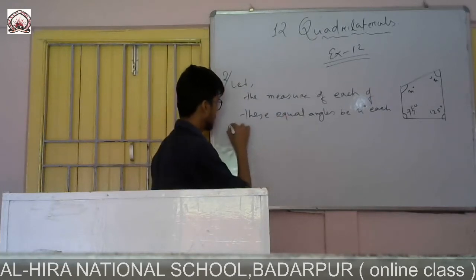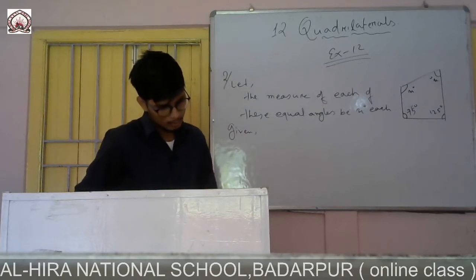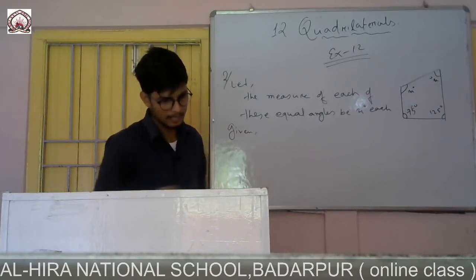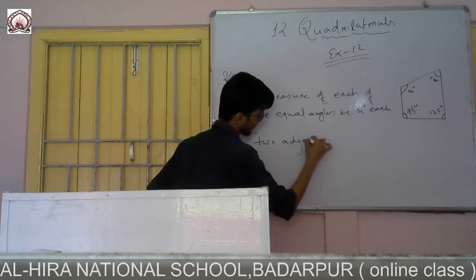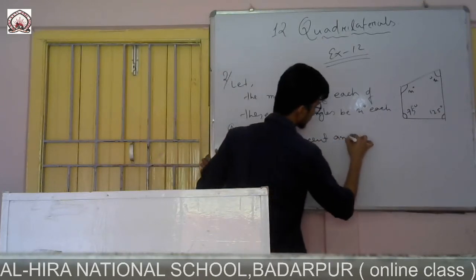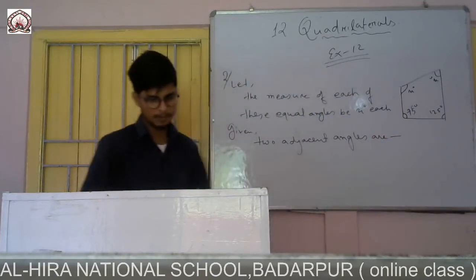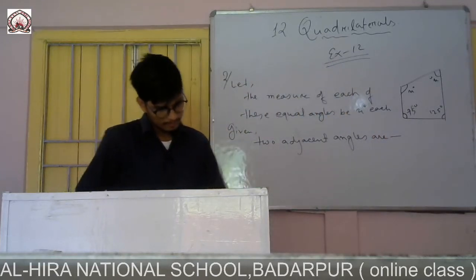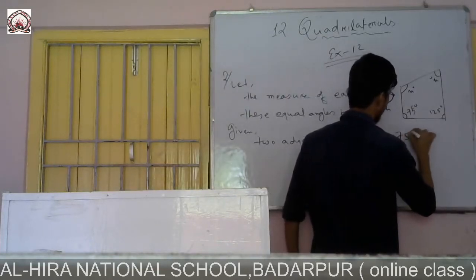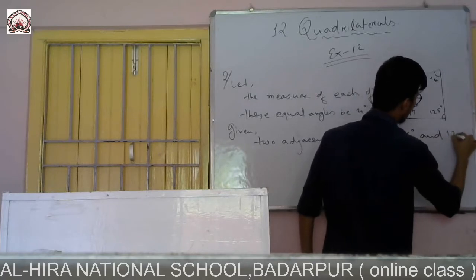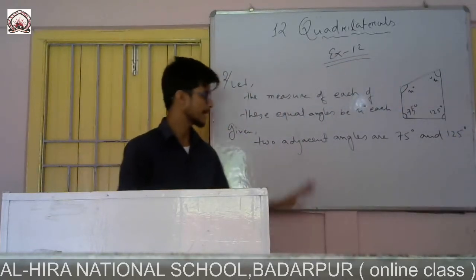That means, given two adjacent angles of the quadrilateral, one is 75 and another one is 125. So 75 degrees and 125 degrees. So these are the two adjacent angles.